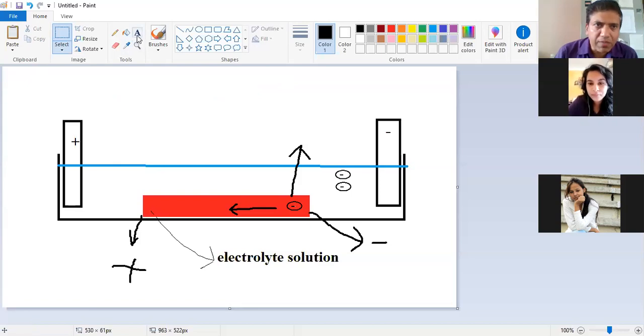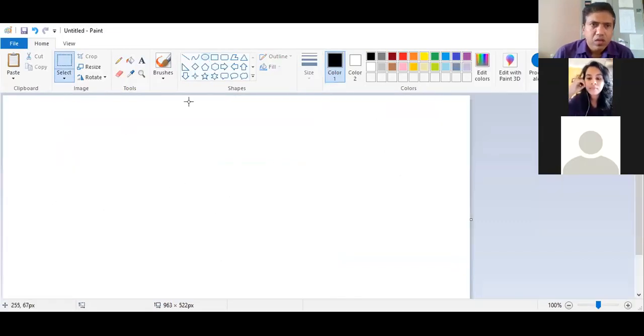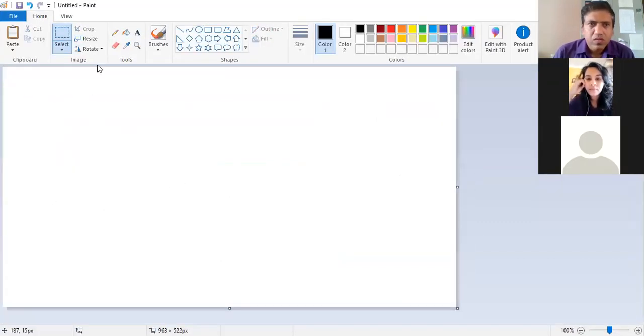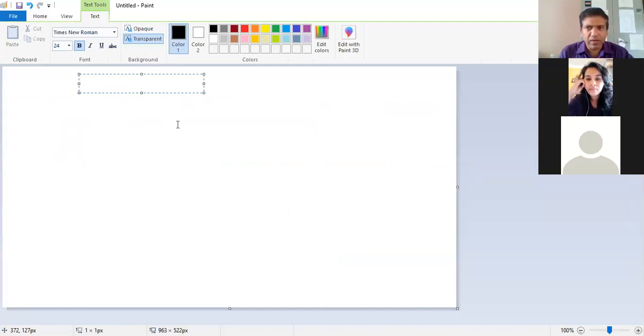There are two types of electrolyte solution used for agarose gel electrophoresis.